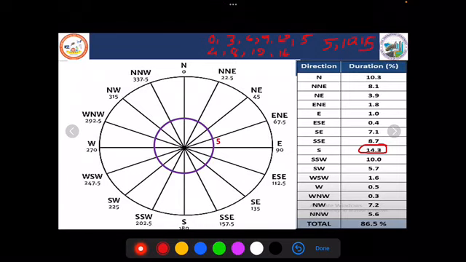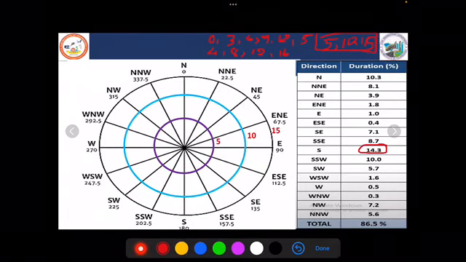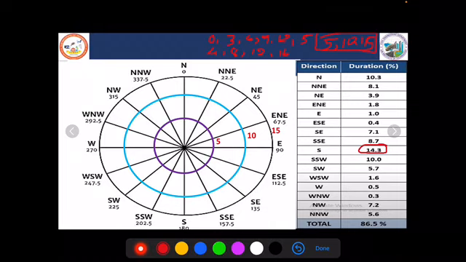Okay, any scale you can choose, and concentric circles can be drawn. In this example, I am considering the division for every 5% interval. The first concentric circle is for 5%, the second for 10, and the third concentric circle is for 15%. So now the windrose diagram is ready.